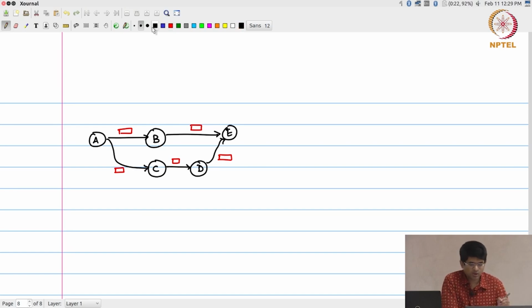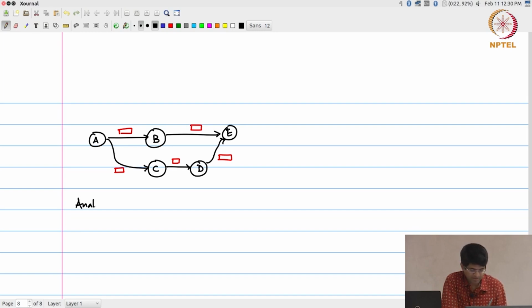Now the interesting thing about this model is that it allows you to do certain kinds of analysis on the system, right? What kind of analysis? One of the main things that we would like to know in such a system is what should the sizes of those FIFO buffers be so that I don't run into problems, right?